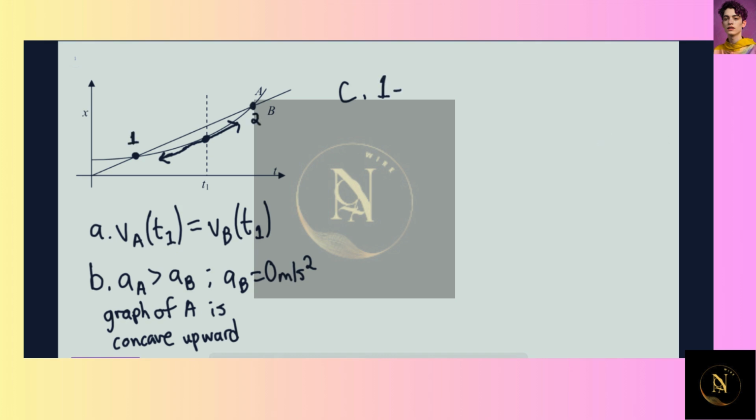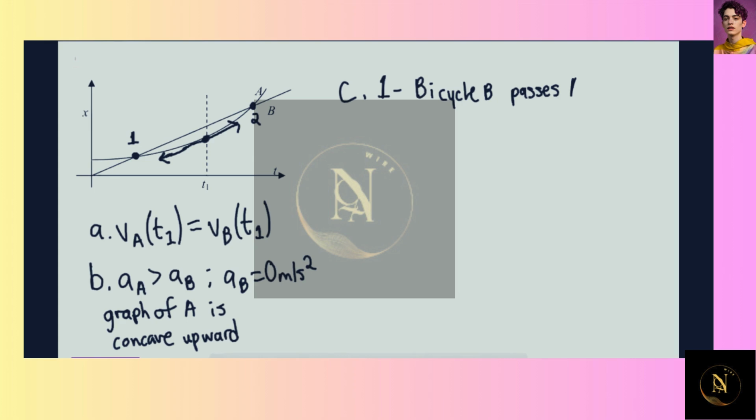So at 1, bicycle B passes A. At 2, bicycle A passes B. But again, at 1 and at 2, they are actually at that same position.